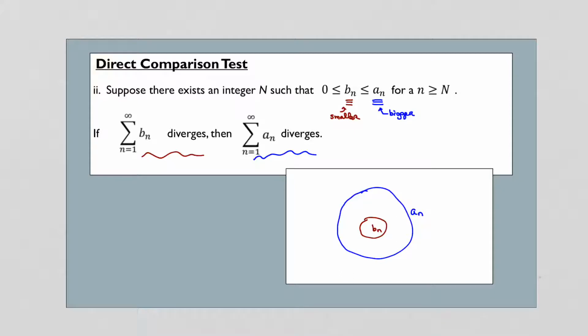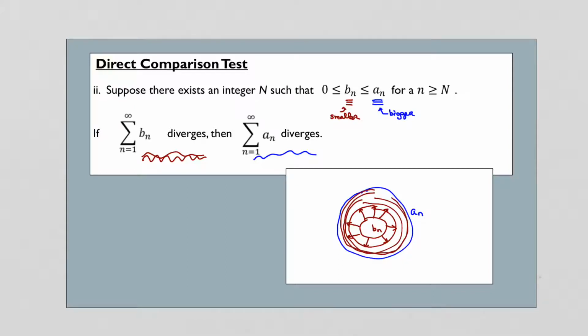And what is this test telling us? This test is telling us if b sub n diverges, and by diverge, I think explode. It diverges. It grows infinitely big and explodes. And so as b sub n diverges, what's happening? It's getting larger and larger and larger.